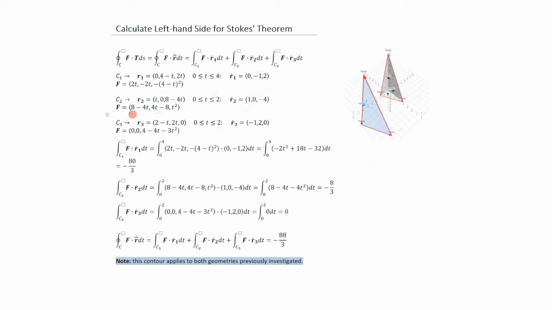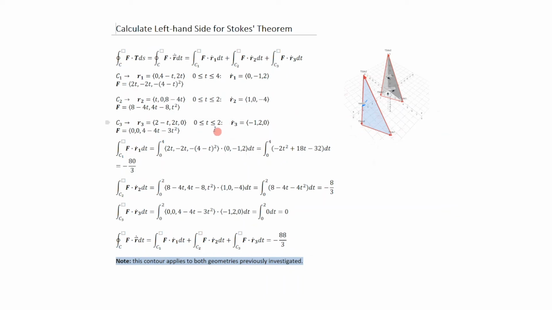Similarly, the f value will be based on the position vector. So substituting the x, y, and z values into x, y, and z in f gives you this expression. And C3 is just the last one. We need a position vector that takes us from here to here. And so you'll see that if t goes from 0 to 2, we'll be sweeping out this contour here.